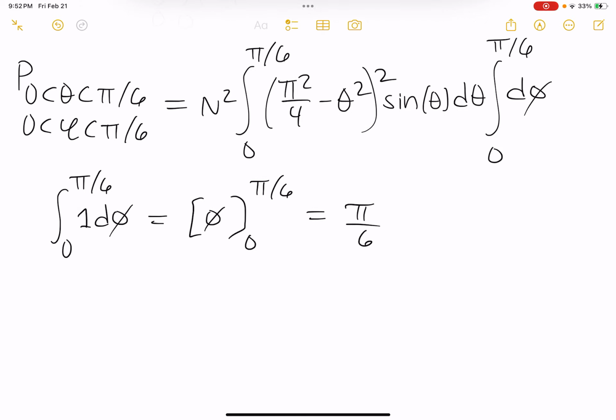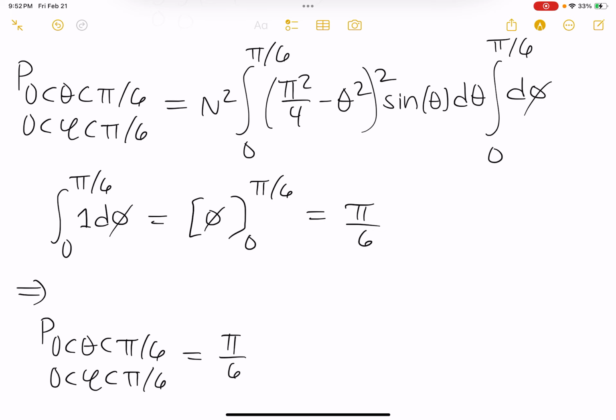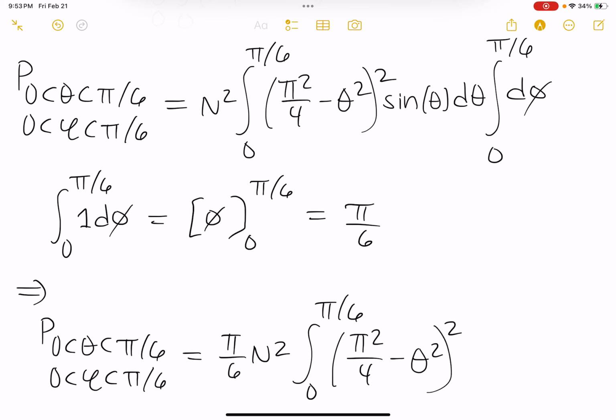So we get, for the probability with theta from 0 to pi over 6 and phi from 0 to pi over 6, pi over 6, that was our phi integral, times N squared, times the integral from 0 to pi over 6 of (pi squared over 4 minus theta squared) all squared, sine theta d theta.